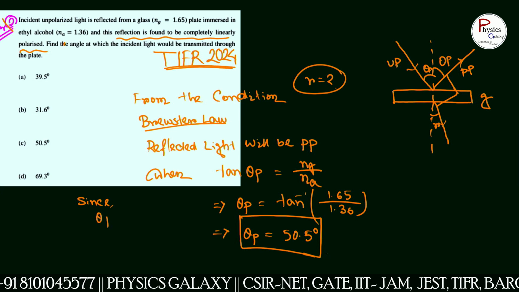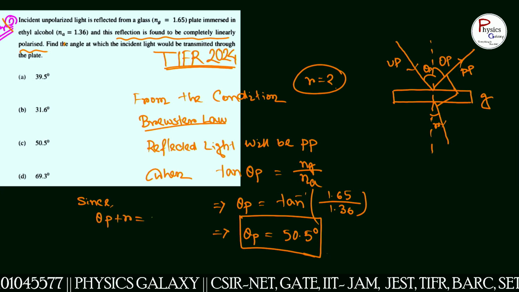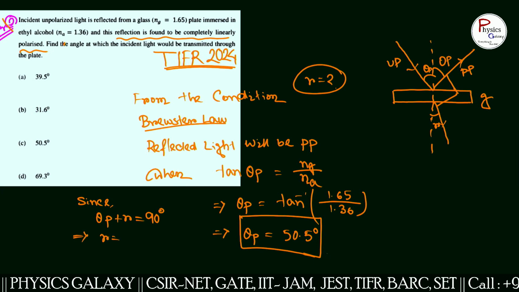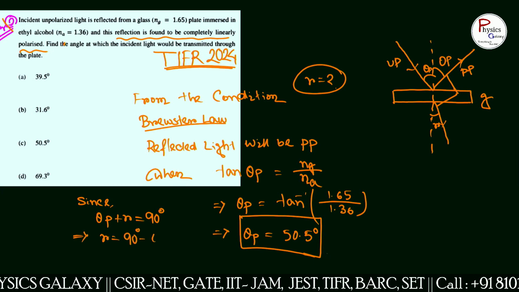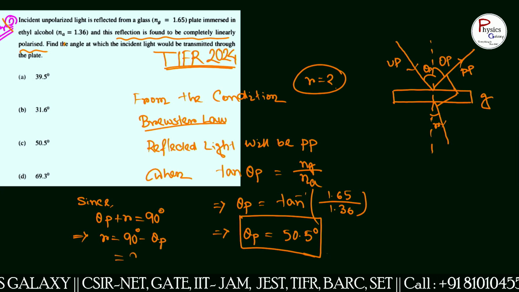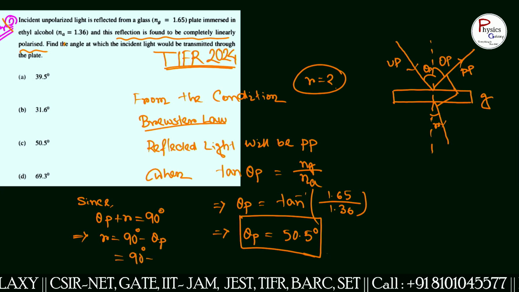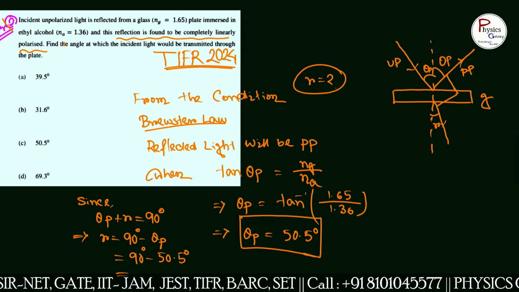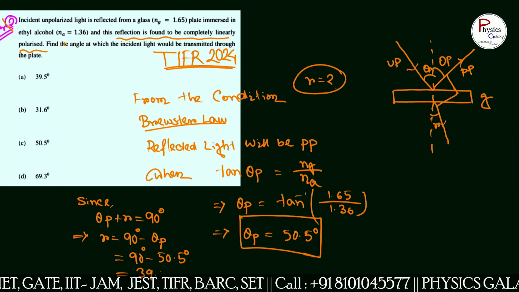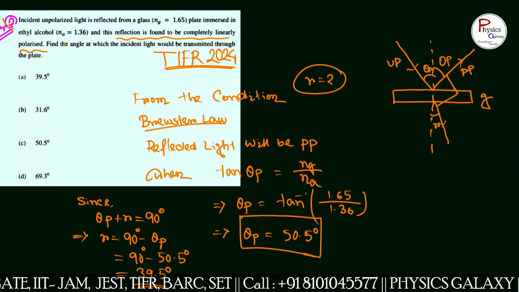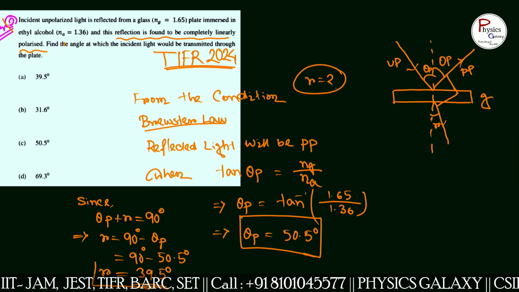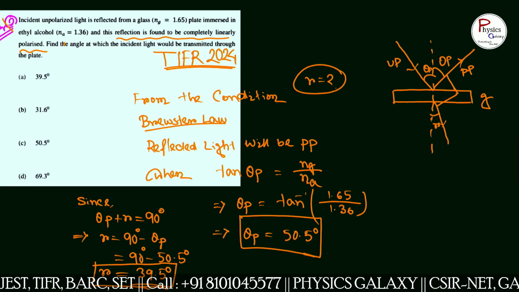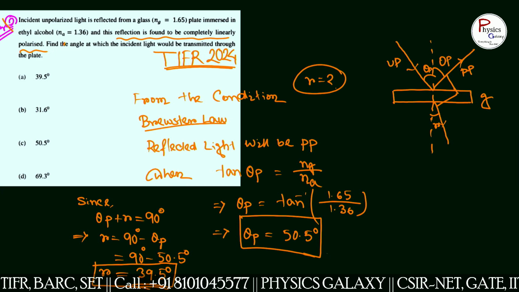Since theta p plus R equals 90 degree, we can calculate R equals 90 degree minus theta p, which is 90 degree minus 50.5 degree, which was 39.5 degree, the value of R. So the option matches option A, 39.5 degree.